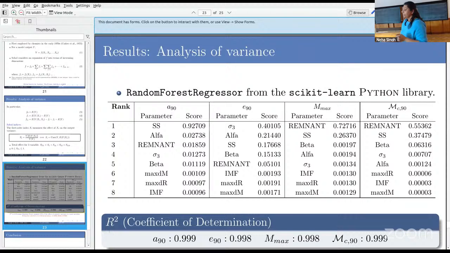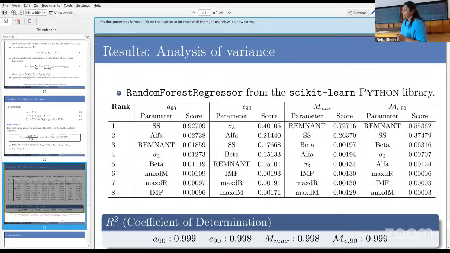It can assign every contribution of this fluctuation coming from these input parameters that we supplied. Now, the funny part is that if you look at the rows 6, 7, and 9 here, it's very, very low. It's almost noise contribution.